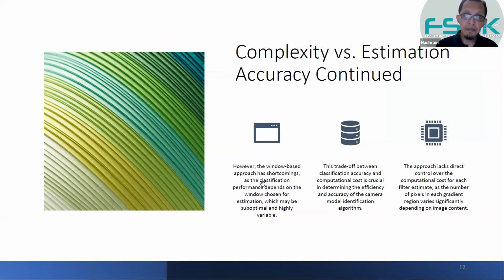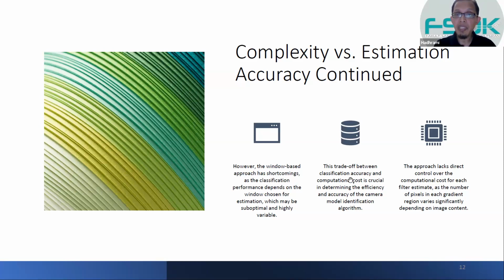Okay, one of the methods that have been proposed with regards to the trade-off between the complexity and the estimation accuracy is the window-based approach, which has some shortcomings, as the classification performance depends on the window chosen for estimation, which may be suboptimal and highly variable. It may have a lower complexity, but the performance might be suboptimal, meaning the accuracy might not be that good.